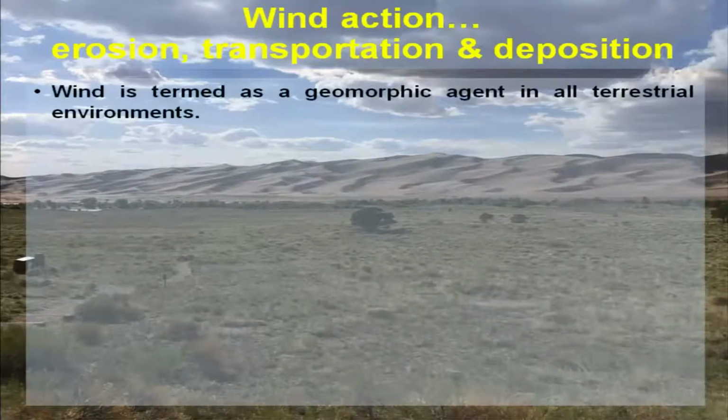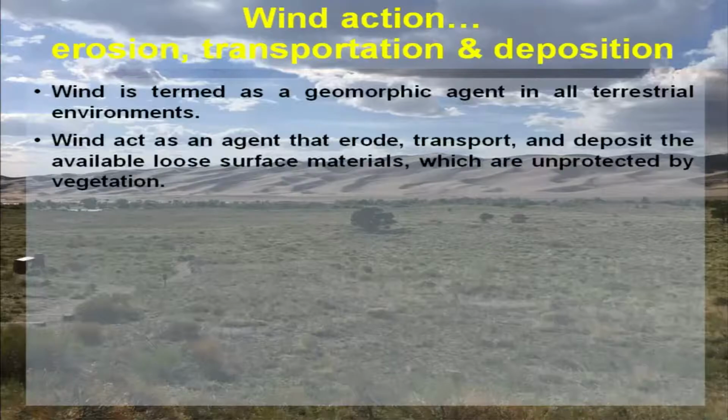Further, if we look at a few important points, wind is termed a geomorphic agent in all terrestrial environments. Wind acts as an agent that erodes, transports and deposits the loose surface material, whichever is available to it on its way.